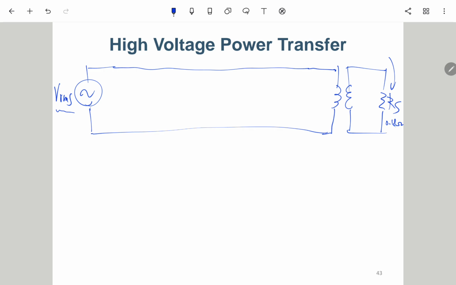This current here is 650 A, and the Vs here is 120 volt.